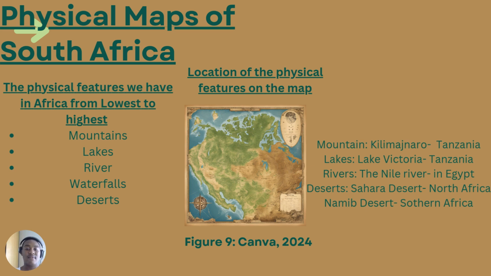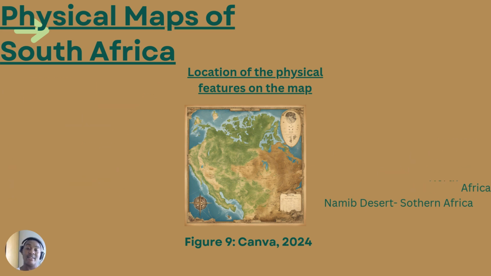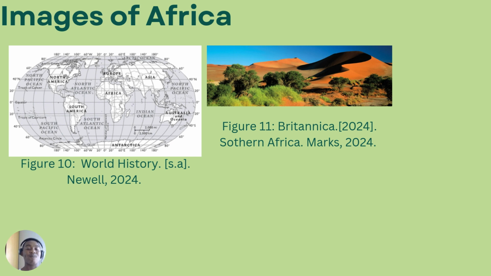Then we also have our most popular desert, the Sahara Desert, that is located in North Africa. If you wonder how the Sahara Desert looks, you watch movies, so you should know how it looks. Then we have the Namib Desert that is located in southern Africa.